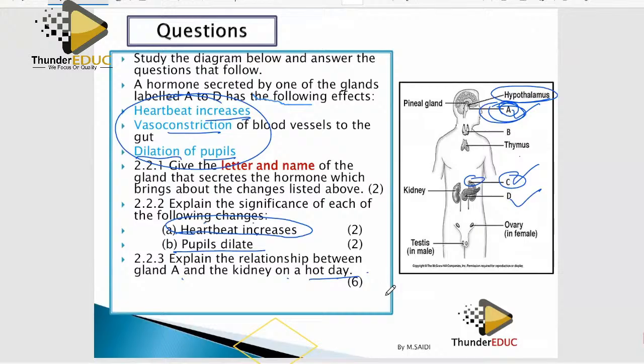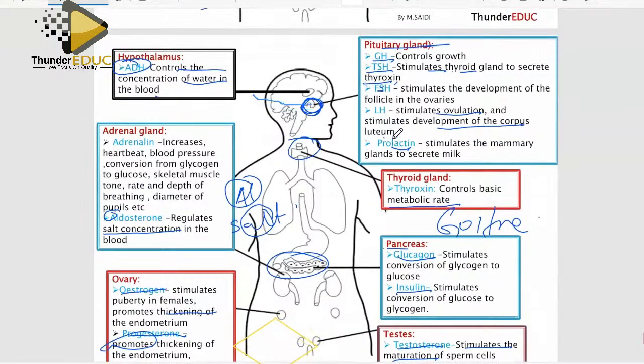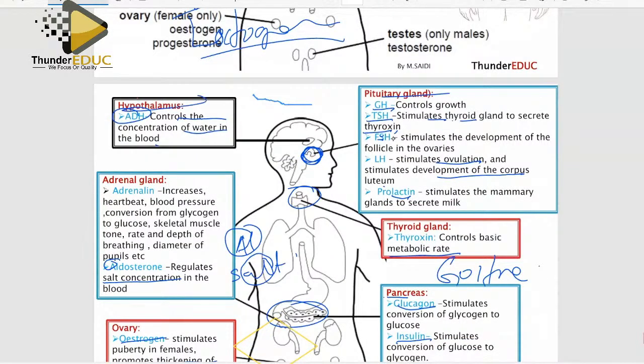So it's hypothalamus. Let me explain this. Gland A is a pituitary gland, while hypothalamus is the one which produces ADH. The pituitary gland or hypophysis stores the ADH. Do you hear me? Hypothalamus produces ADH, but when it produces it, it is stored in the pituitary gland.